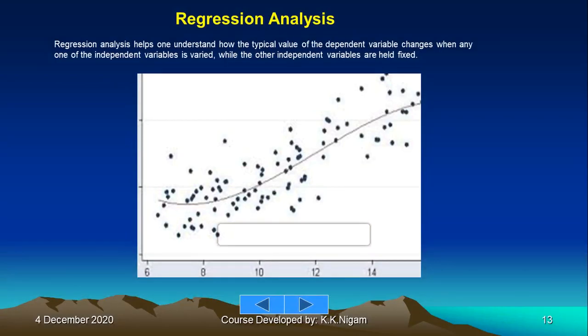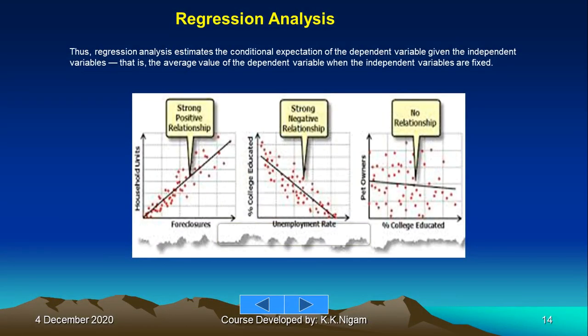Regression analysis helps one understand how the typical value of the dependent variable changes when any one of the independent variables is varied, while the other independent variables are held fixed. So that is how you can see how these are going to vary. Thus, regression analysis estimates the conditional expectation of the dependent variable given the independent variables, that is, the average value of the dependent variable when the independent variables are fixed.